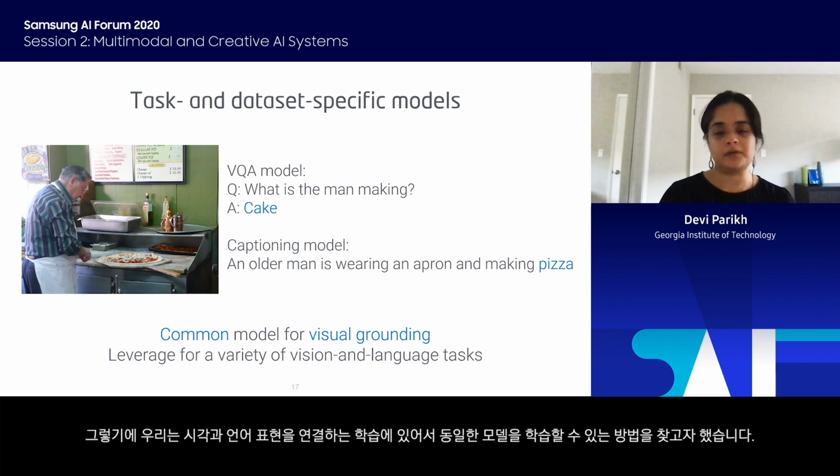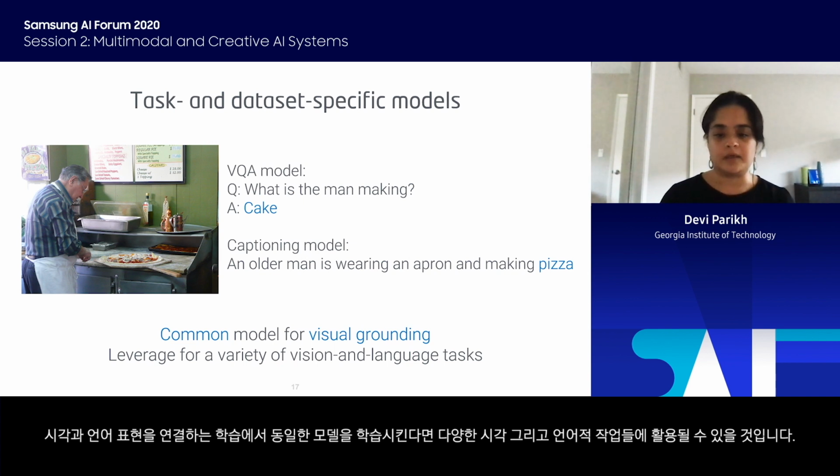So what we wanted to do was to see if we can learn a common model for visual grounding. And so once we learn this common model for visual grounding, we can use it for a variety of visual and language tasks.